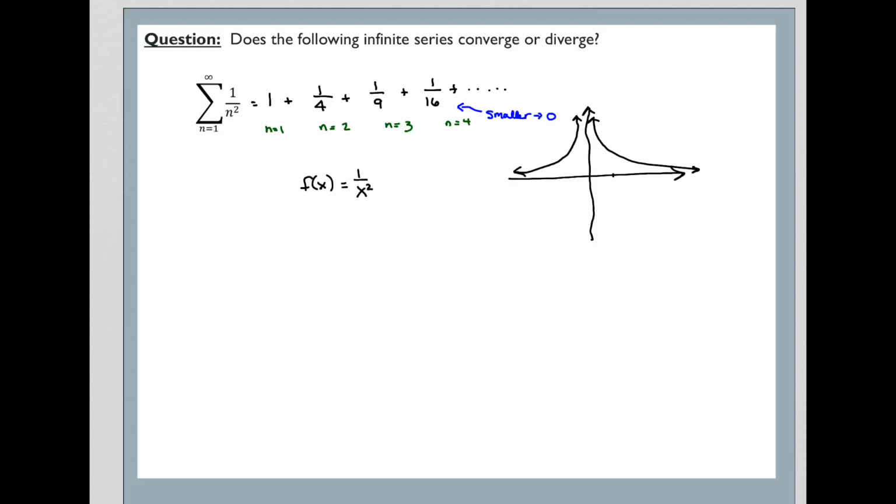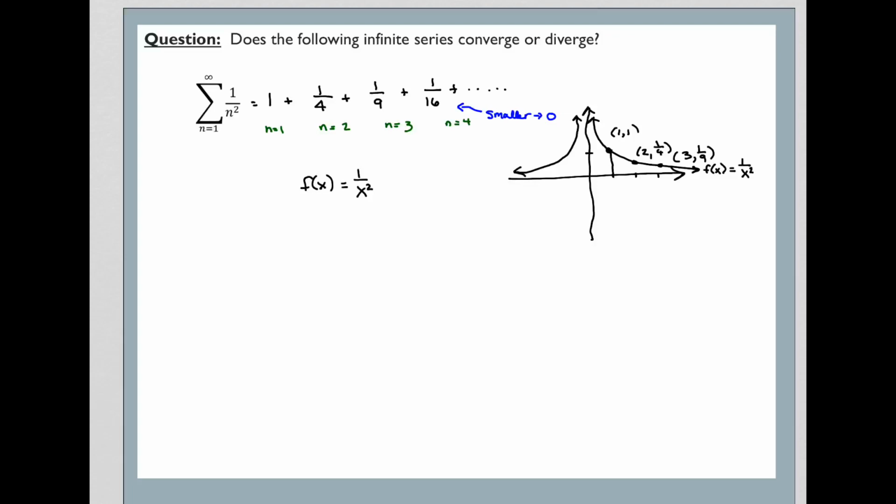And if I put some specific values in there, 1 maps to 1, 2 maps to 1/4, 3 maps to 1/9, etc. So this is the function f of x equals 1 over x squared. Now I'm really only concerned about the positive side, so I'm only going to look here on the positive side.